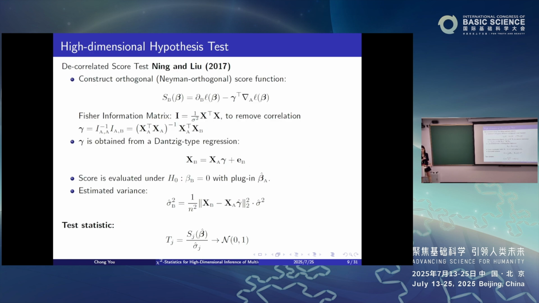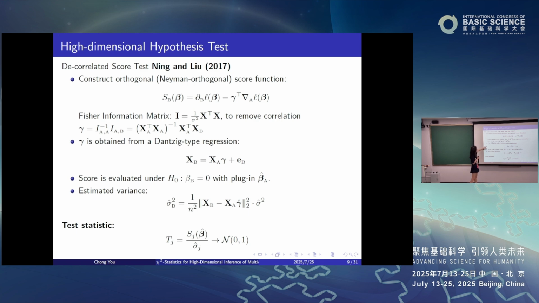The third one, the decorrelated score test, has a very different motivation compared to the previous two. For the previous two, the test statistic is based on the estimation, but for the decorrelated score test, it is based on the score function.